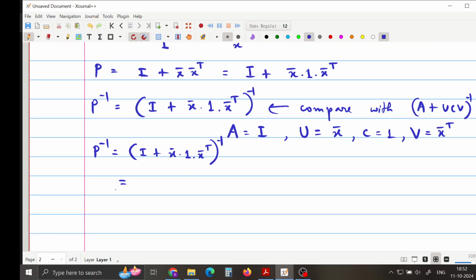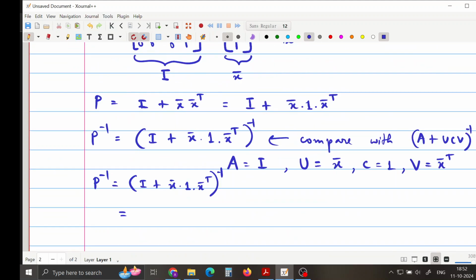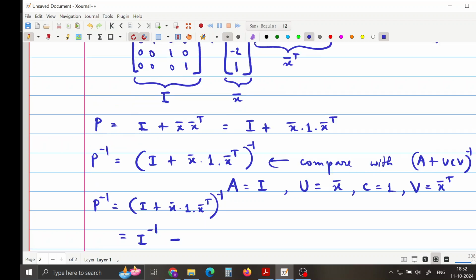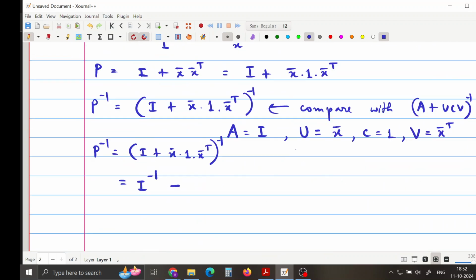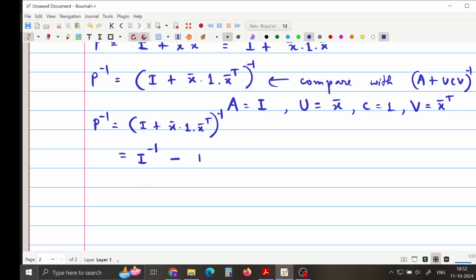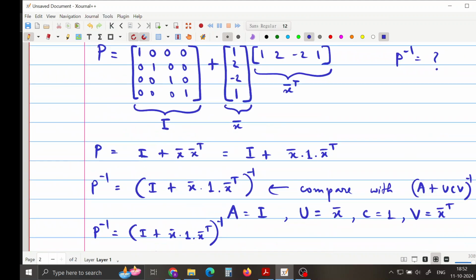So the RHS tells you that the first term is A inverse, which means identity inverse because A is identity, minus, then we have A inverse into U, so identity inverse into U, which is x bar, within brackets C inverse.